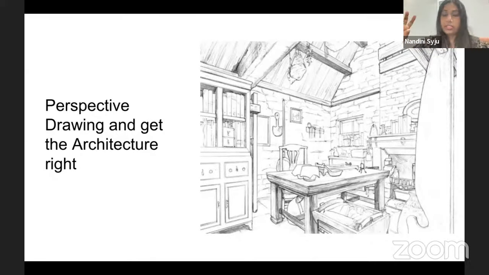The biggest mistake they make, especially in 2 point perspective, is that they may put the focus points too close to each other, and then we get an exaggerated kind of image, right? Rather, over here, the hack is to try to stick to 1 point perspective, right? It's easier and it's quicker, and you can spend more time on the quality of the sketch rather than getting the technicalities right. But if you are confident enough to go for something that is 2 point, please keep the vanishing points as far away as possible.